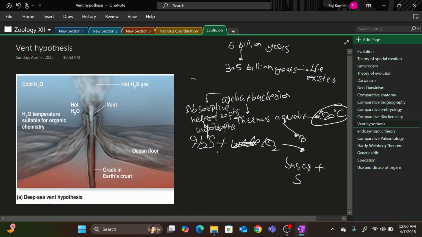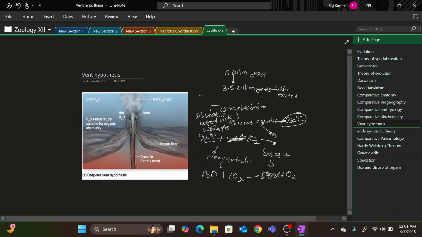This was the process done by chemosynthetic bacteria. Later, from the chemosynthetic bacteria there was the evolution of photosynthetic bacteria, which, instead of hydrogen sulfide, used water and formed sugar plus oxygen.